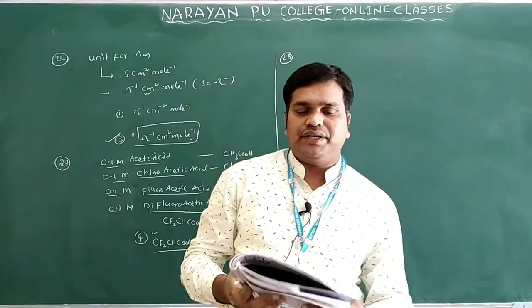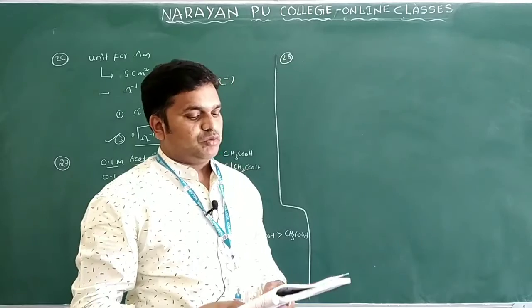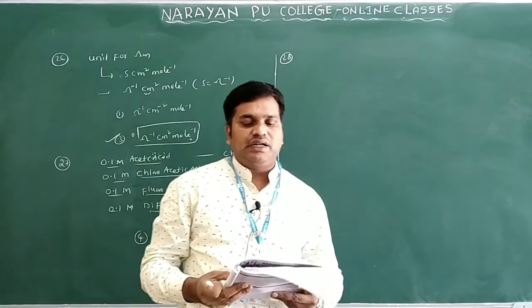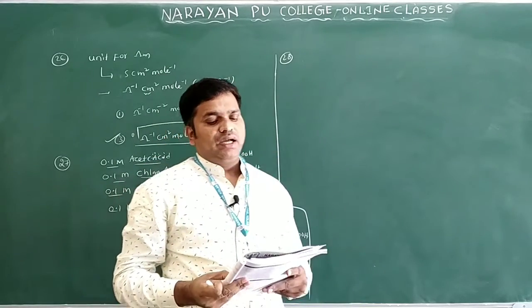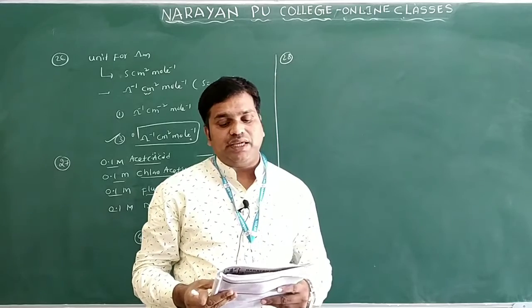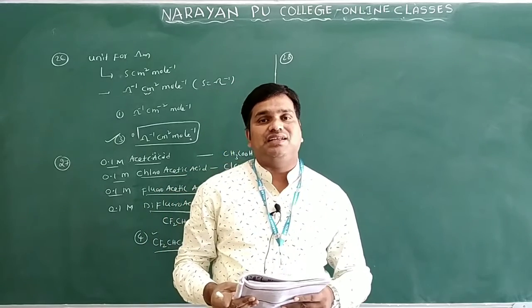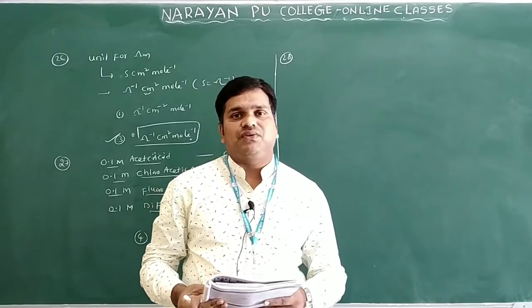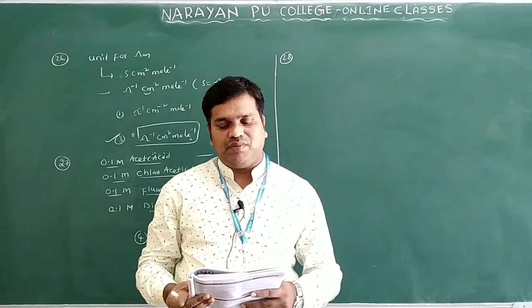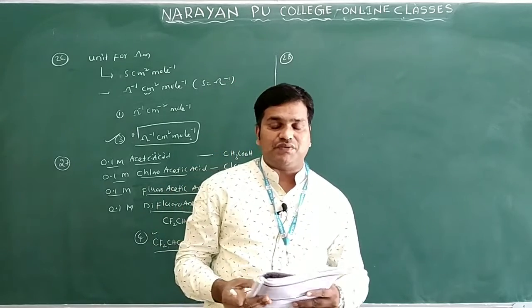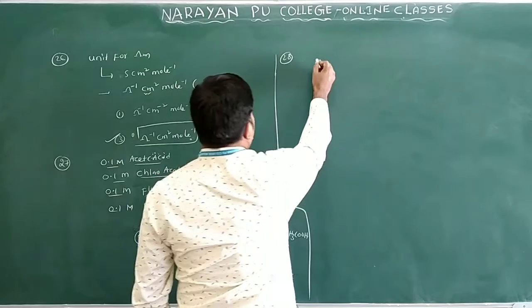See question number 28. Given L by A is equal to 0.5 centimeter inverse, R is equal to 50 ohm, normality is equal to 1.0, find the equivalent conductivity of the electrolytic cell. They ask the equivalent conductivity. They gave L by A and resistance R. What is the formula for equivalent conductivity?